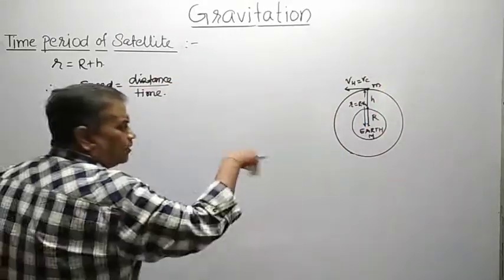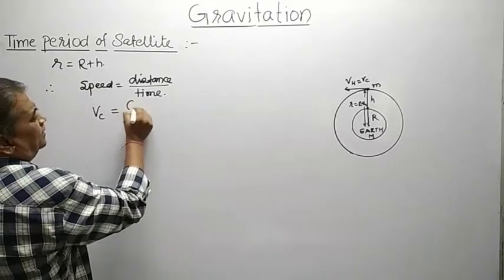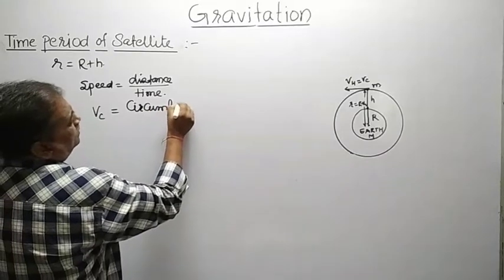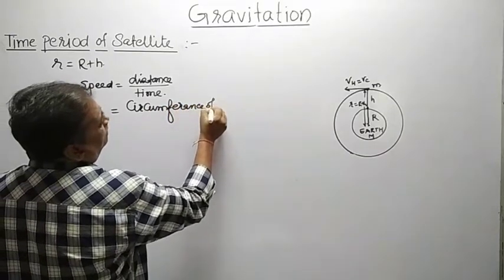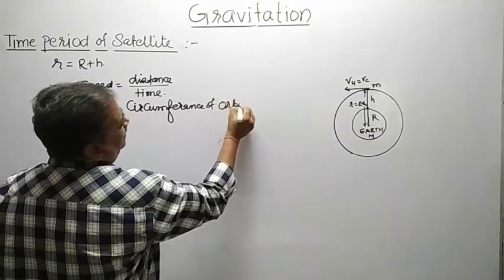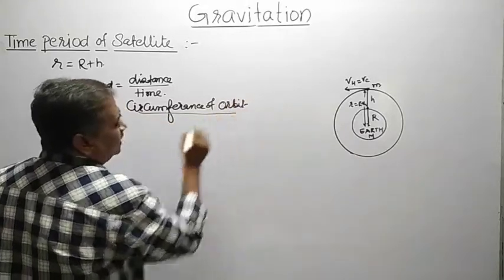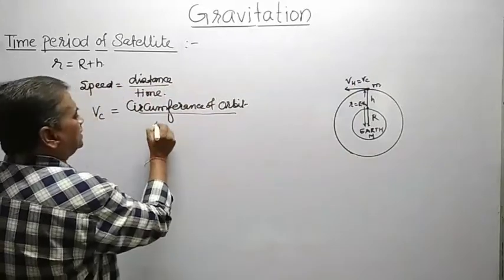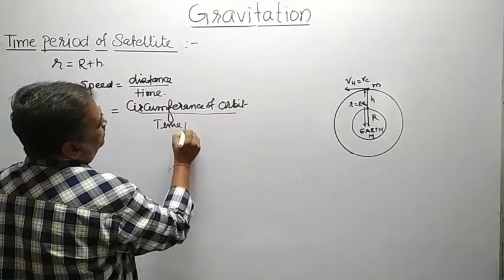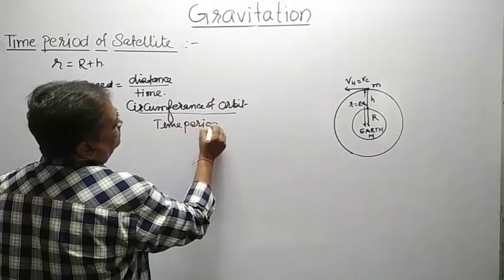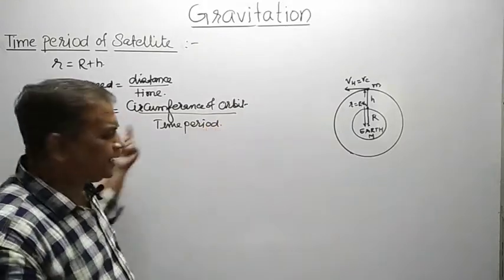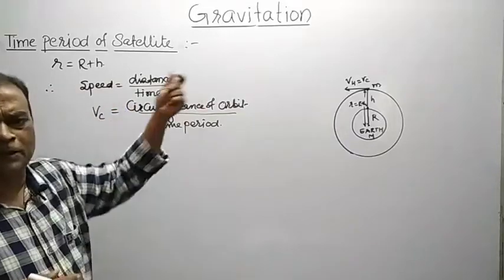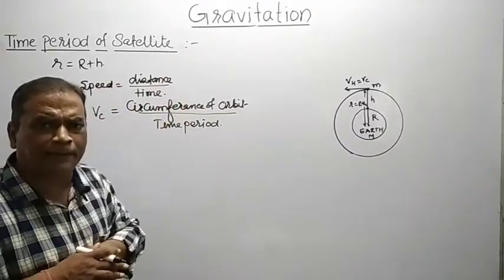In one revolution, the satellite covers a distance equal to the circumference of the circular orbit of radius R plus h, divided by the time taken for one complete revolution. It is called the time period of a satellite. Speed equals distance upon time. Critical speed equals circumference of the circular orbit divided by the time period.